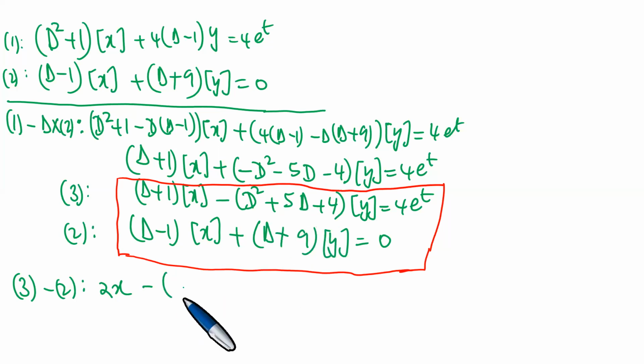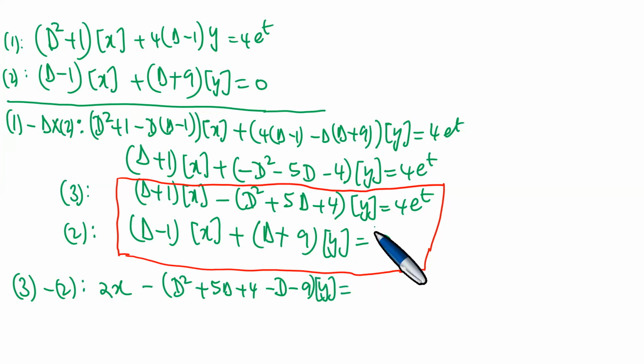You can write this one as it is. Like, it's d squared plus 5d plus 4. Then minus d minus 9d. This minus that, which is 4e to the t. So this is 2x minus.